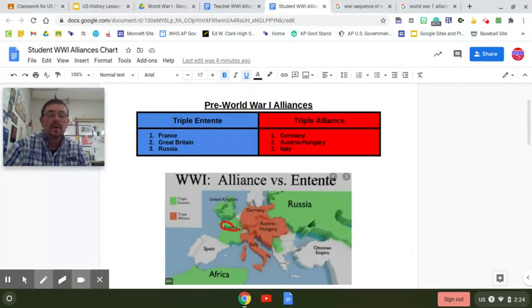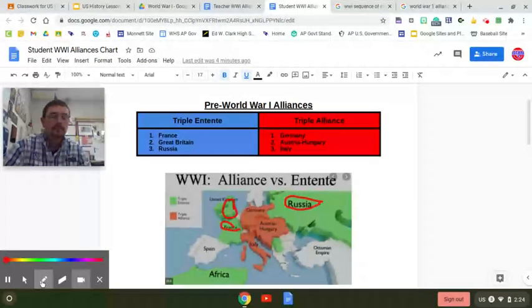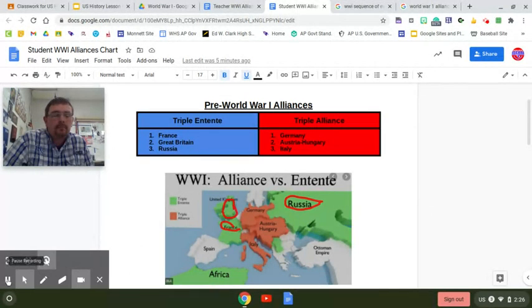But Great Britain is right here. And then you have Russia, which you see right here. So again, triple. So you got three. So you've got the Triple Entente, which includes, again, France, Great Britain, and Russia.